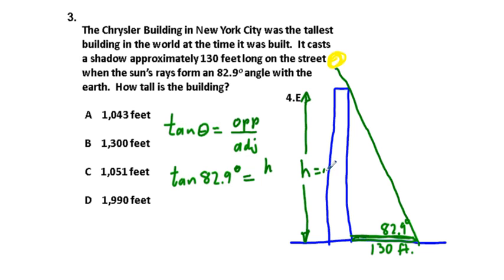Okay, height is our opposite, and 130 feet is our adjacent. So height over 130 feet. And if we cross multiply, height is equal to 130 times the tangent of 82.9 degrees. You could also, from this equation here, use numerical solve. You could use cotangent, which would be 130 over h.